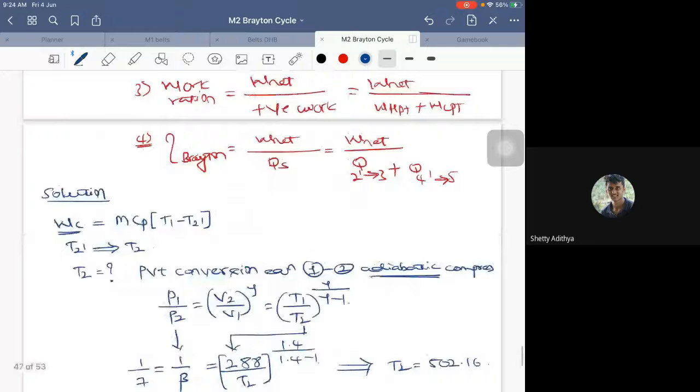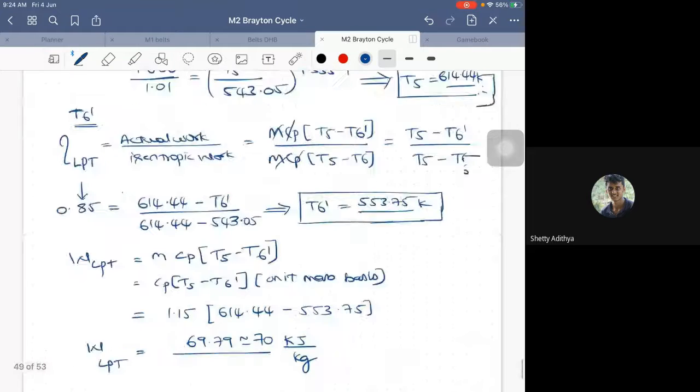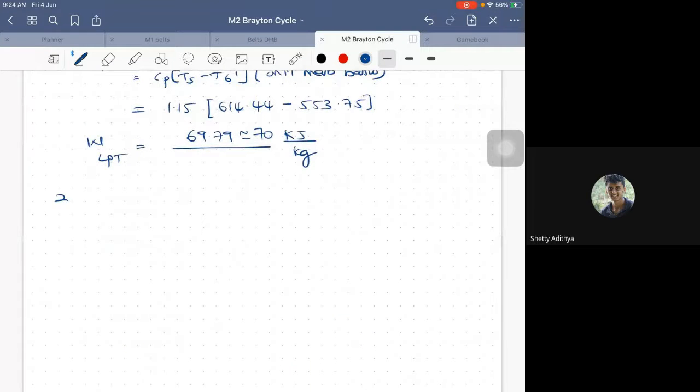Now, the second thing we were calculating is W net. So W net has three works: one is the compressor, one is the high pressure turbine, and one more is the low pressure turbine.